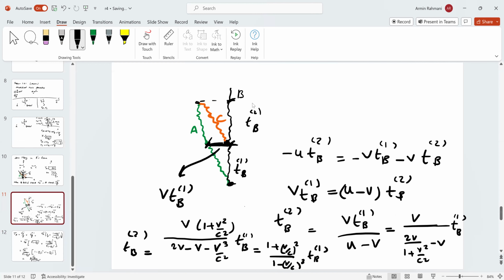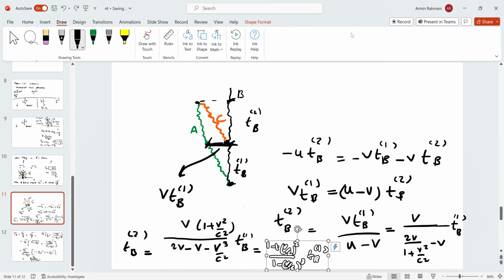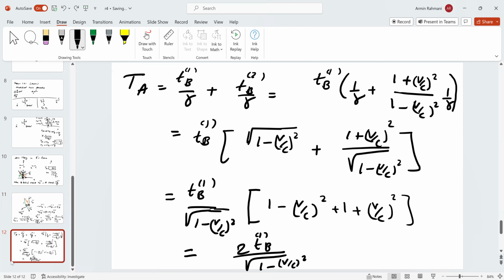So that's going to be this TB2 that we related to TB1 divided by the gamma factor corresponding to C's motion. And C's motion is happening with velocity u that we calculated from the velocity addition formula.